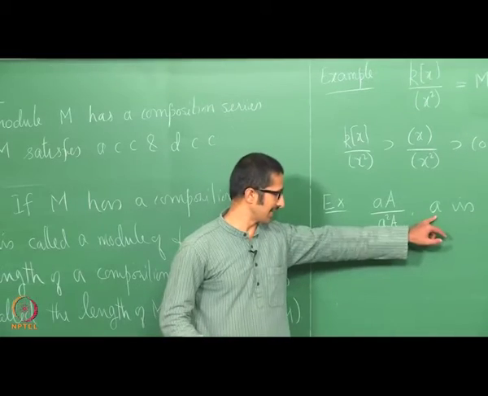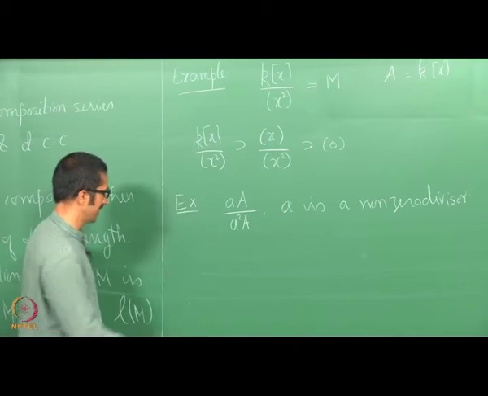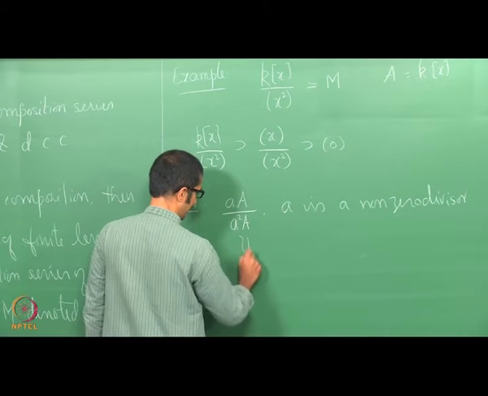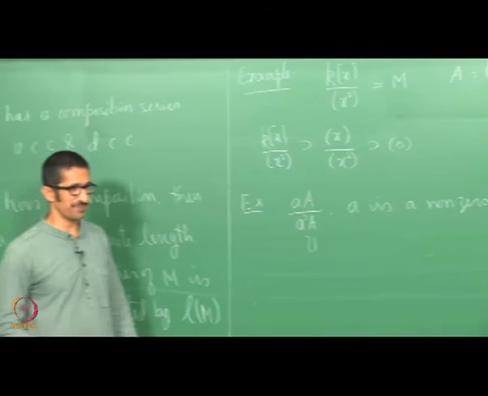That ax is non-zero for any non-zero x in A. Then this is isomorphic to what?